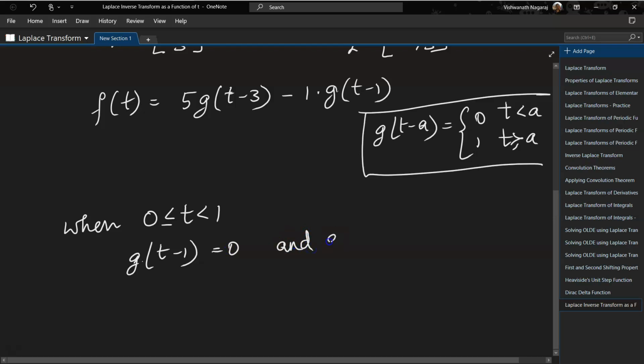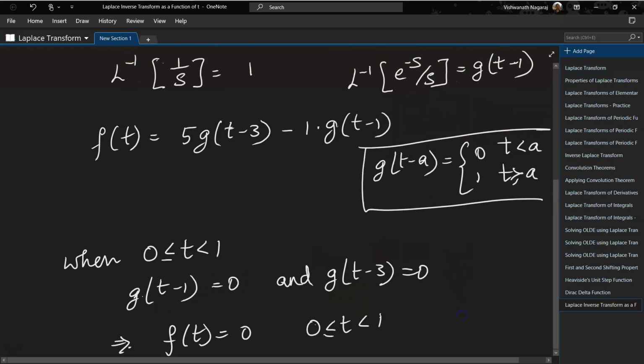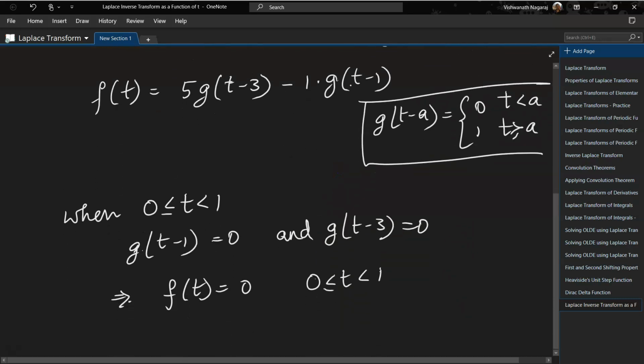And g of t minus 3 is equal to 0, which implies f of t is equal to 0 when t is between 0 and 1. So g of t minus 1 is 0, this is 0. So that means f of t is 0.